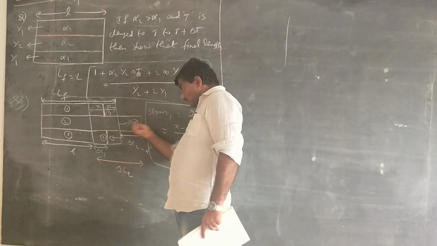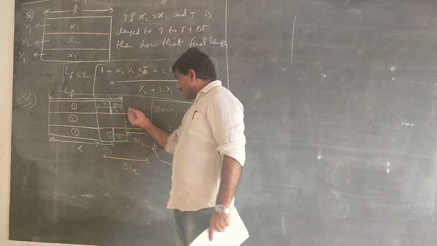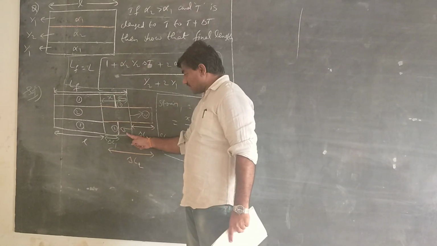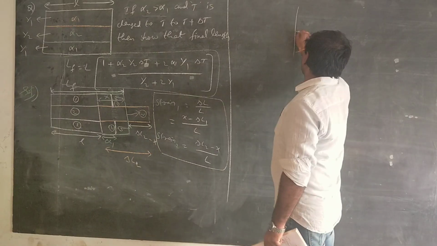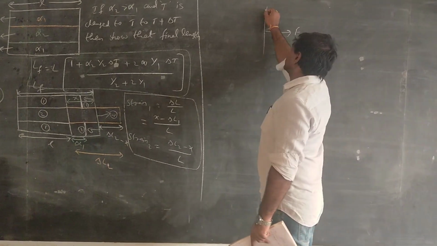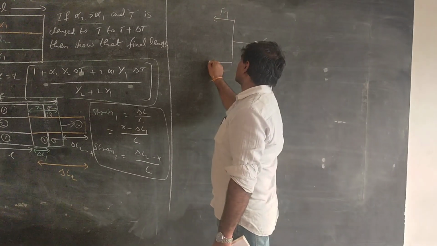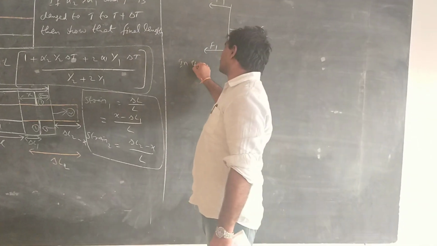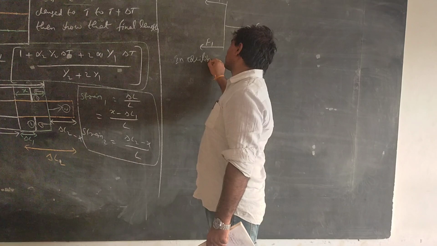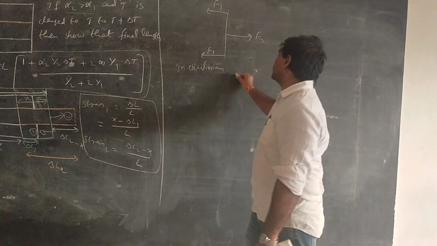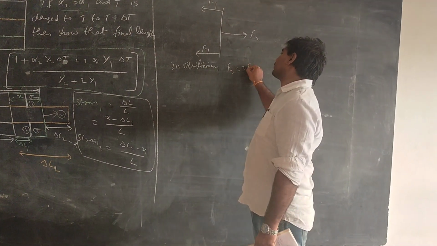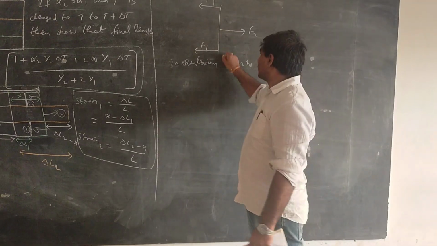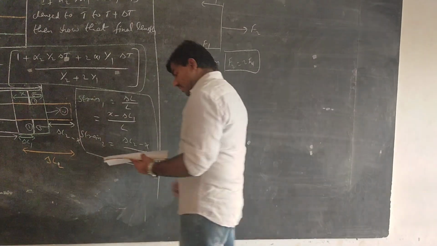So these both are F1, this is F2. On the second rod, F2 will be like this. On these both rods, this will be F1, this will be F1. In equilibrium condition, the net force will be 0, right? That means F2 is equal to 2F1, right? So simple. So in equilibrium, F2 is equal to 2F1.